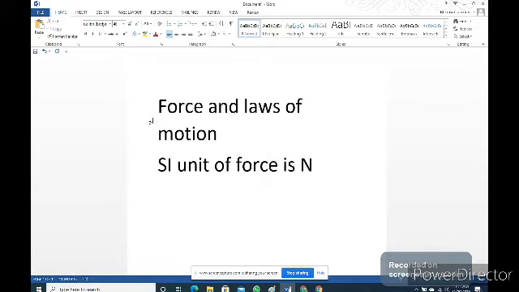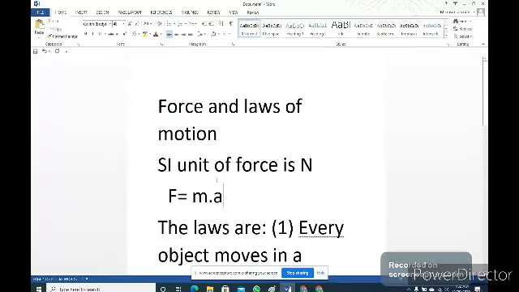These are Newton's three laws. So the formula for force is mass into acceleration.